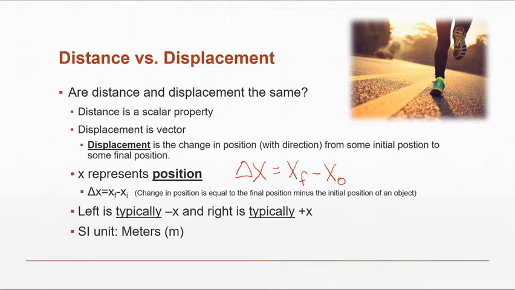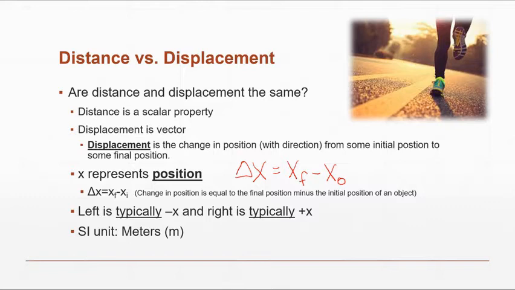So left is typically negative X and right is typically positive X. I am one who switches my axes because I tend to lose my negative values. I just make silly mistakes. So sometimes I'll flip my axes. And those of you who are in class, I will show you what I mean by that.